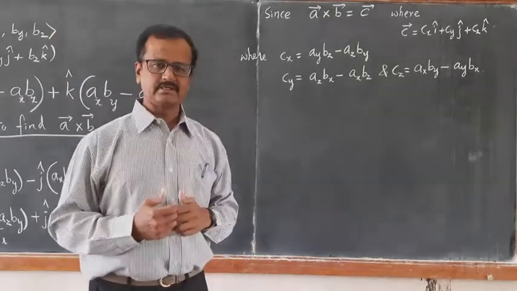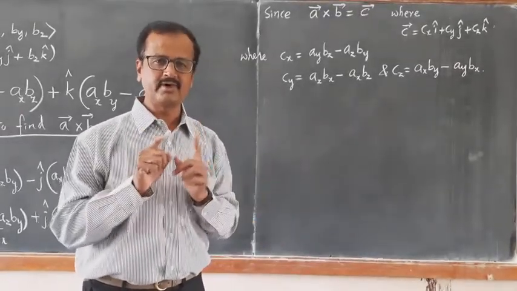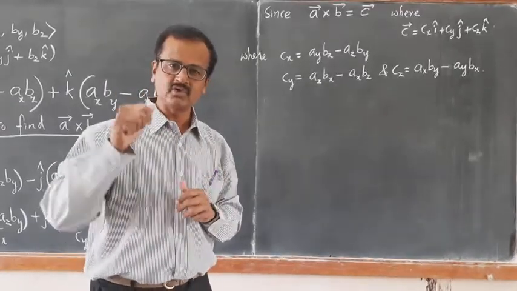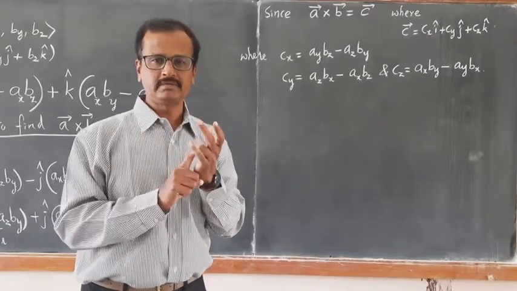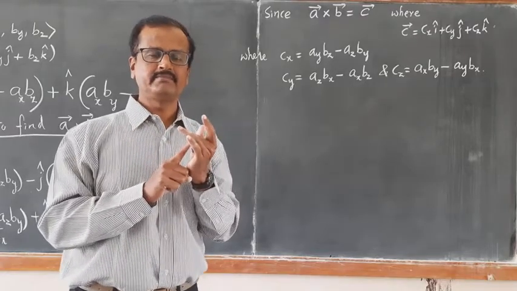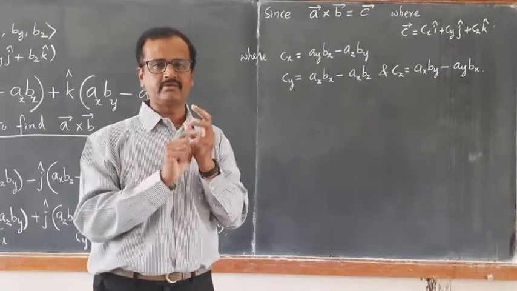Now the question arises, why are we learning so much of mathematics? Yes, this is required for learning the quantities in this topic. Especially we are learning torque, and then angular momentum and angular velocity. These are all vector quantities.